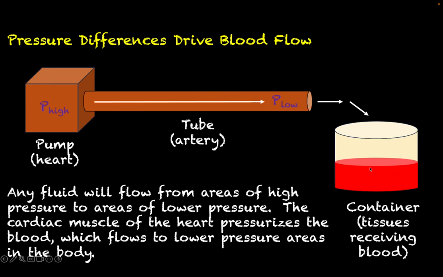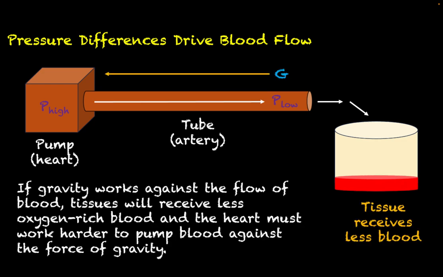So this container here is meant to represent, say, the brain, the muscle, or some different tissue or organ of the body. And the amount of blood that that tissue receives is going to be very much dependent on this blood flow occurring uninterrupted, okay?